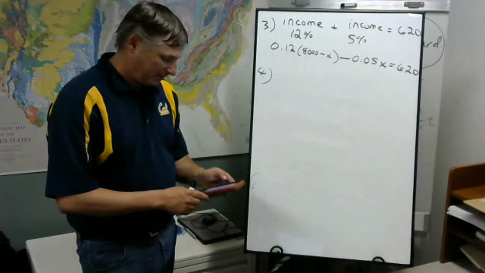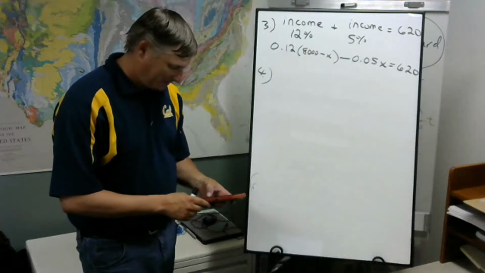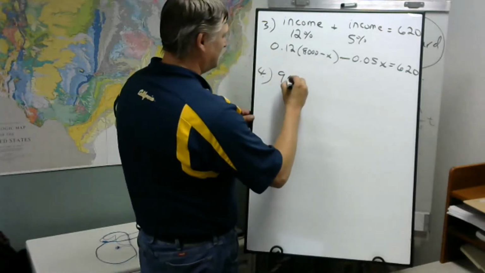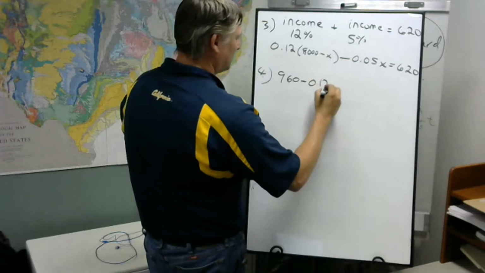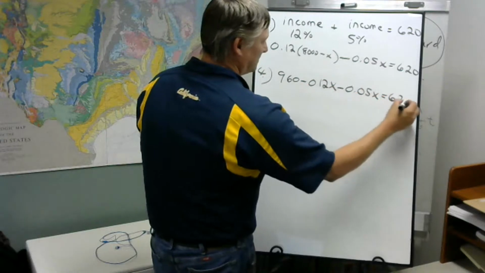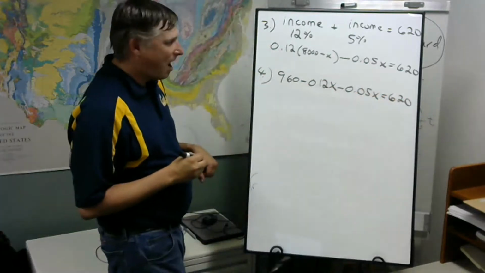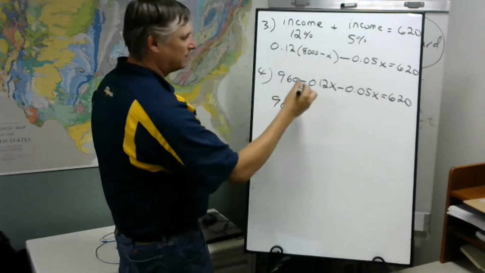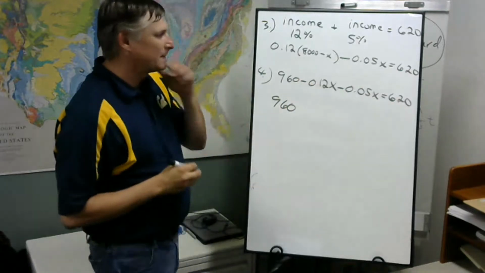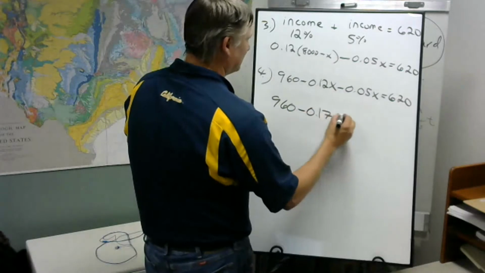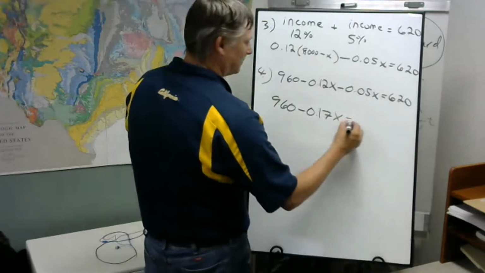So let's see, 0.12 times 8,000. Let's do the calculation there. That'll be 960 minus 0.12X minus 0.05X is 620. Or 960 minus 0.17X equals 620.